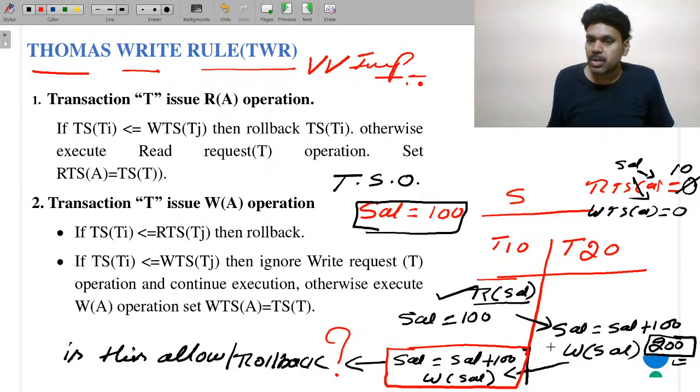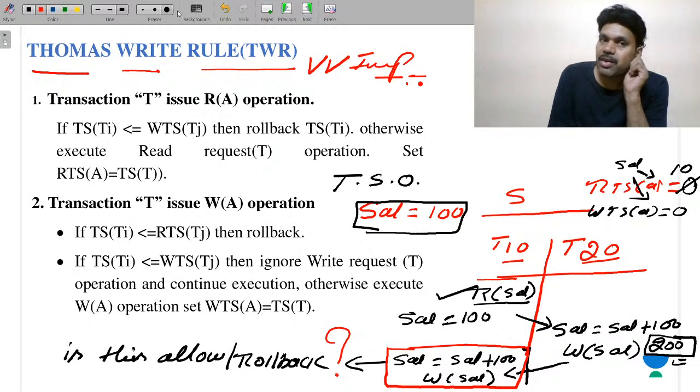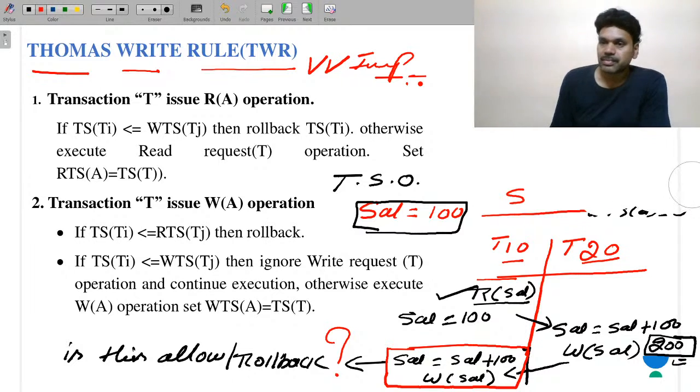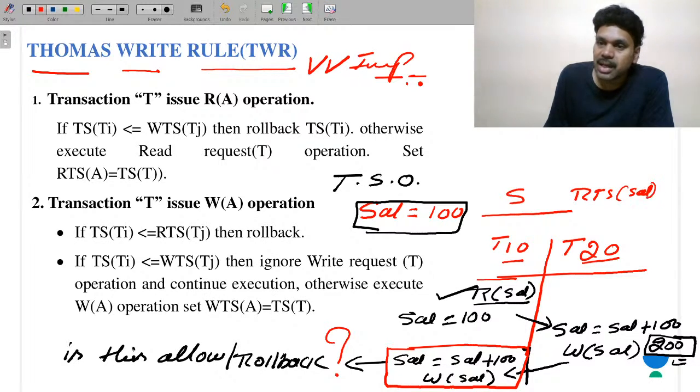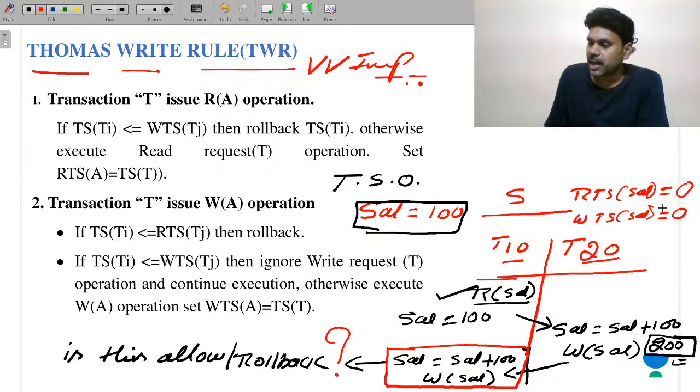Is this allowed or rollback? Your timestamp number is 10 and the other timestamp number is 20. Is this allowed or not allowed? Please see. Initially, as soon as you perform some values on this, RTS of salary is equal to 0, WTS of salary is equal to 0, right?